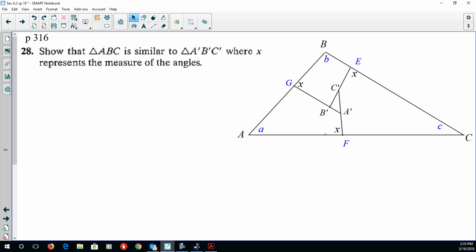If this angle is X, right here to the left, then what's the angle on the right-hand side? Well, these two angles make a straight line, so this is going to be 180 minus X, as is this angle here, and this angle here.